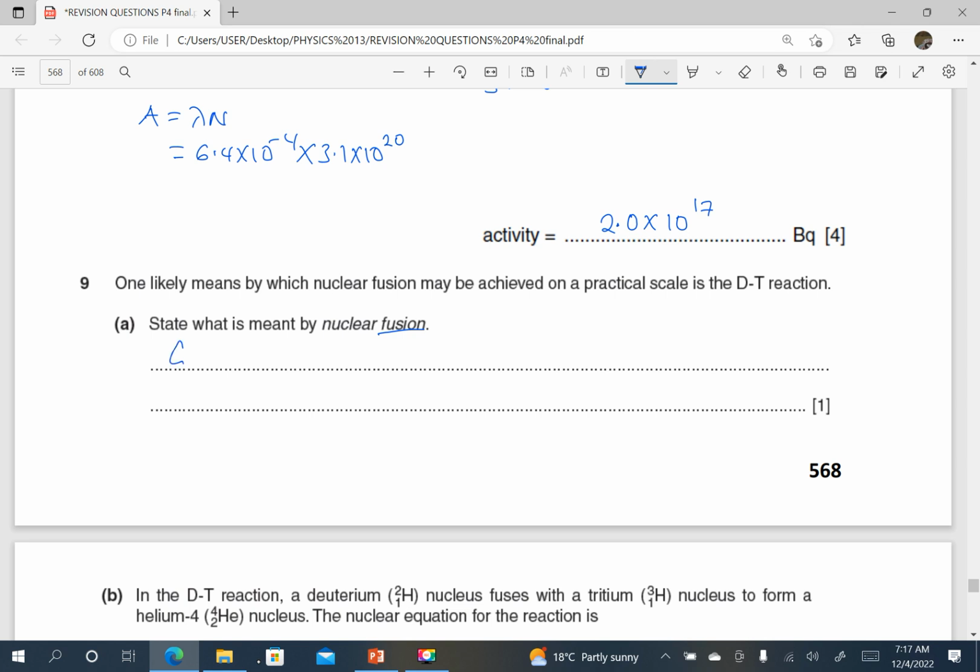So fusion is the combining of two lighter nuclei to form a heavier nucleus with a higher binding energy per nucleon.